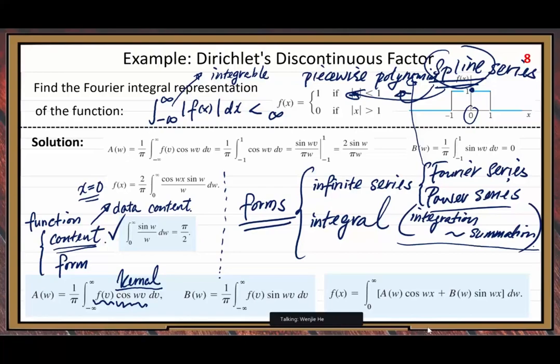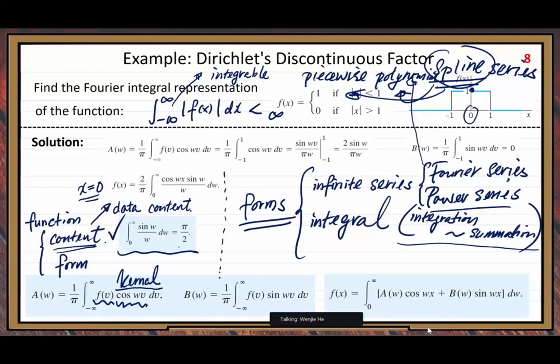So look at the difference between integration and summation. One important difference: when you look at the form of the integral, it's in a continuous form, right? Continuous. Function value changes smoothly from beginning to end.